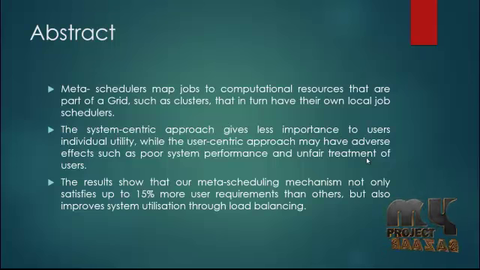So the meta scheduling is used to schedule the tasks, given by the ask and bid. Based on the ask, the jobs are allocated according to the user requirements, balancing the load and utilization between the jobs.